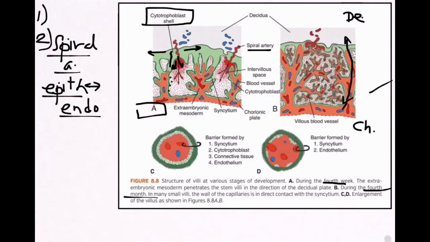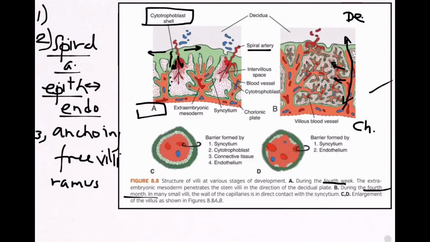Okay, so these villi that extend on either sides are known as anchoring villi, and the anchoring villi eventually lead to these sprouting villi, which are known as free villi. Okay, and they are further named as ramus and ramuli, the branches of the branches. So it's essentially a villus tree.